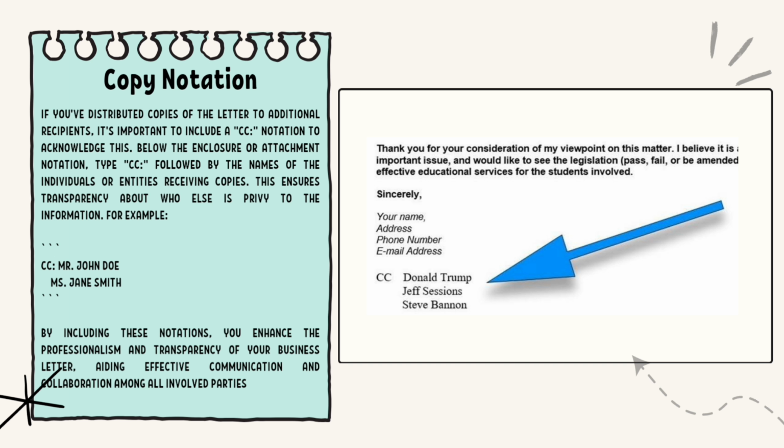This ensures transparency about who else is privy to the information. For example, CC: Mr. John Doe, Miss Jane Smith. By including these notations, you enhance the professionalism and transparency of your business letter, aiding effective communication and collaboration among all involved parties.